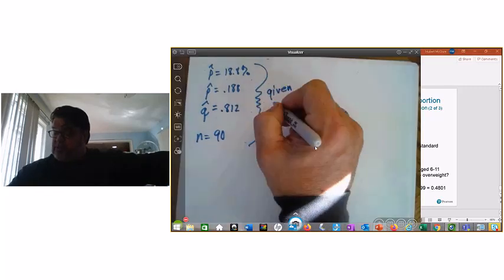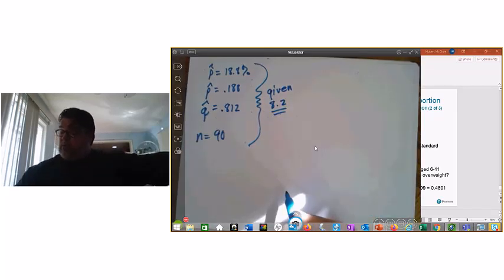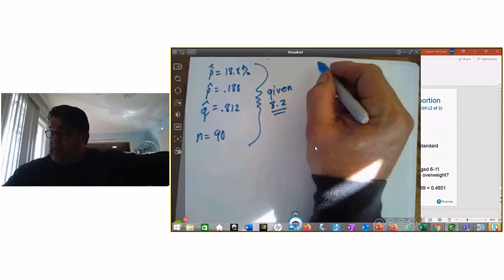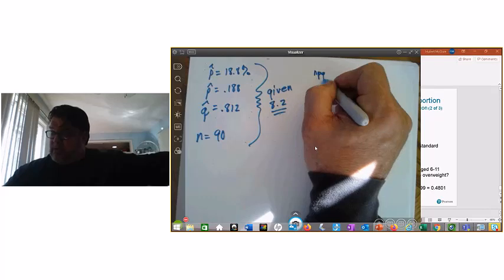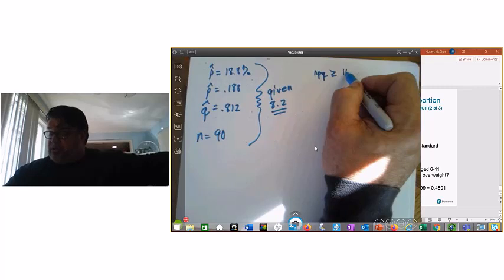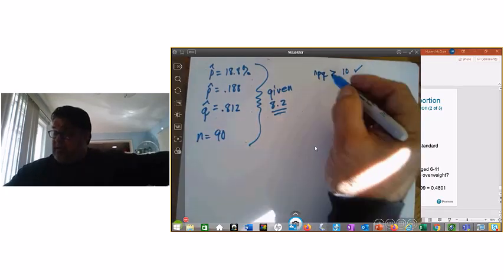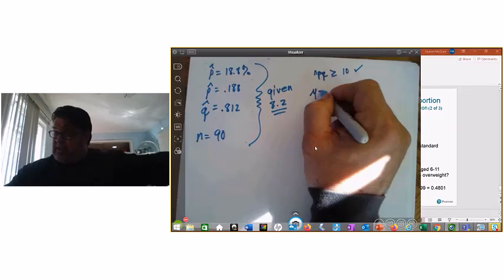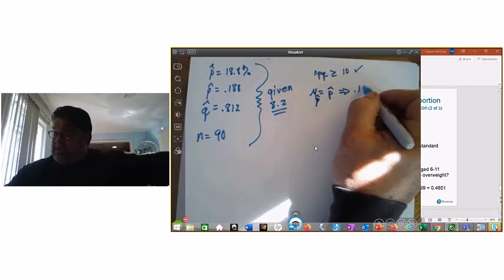And this is 8.2. Okay, so the first thing you do is you say, well, npq has to be greater than or equal to 10, and we saw that it checked. And then we also know that the mean of p hat is equal to p hat, which is equal to 0.188.